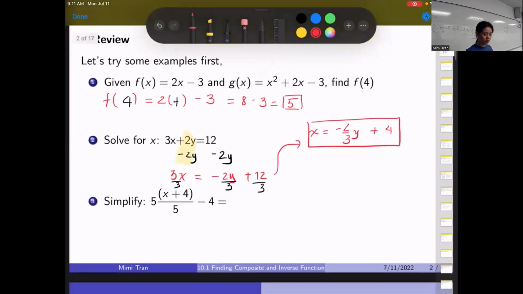Right. And the last one, I would suggest you simplify the f on the top and the f on the bottom, right? This one and this one, so that I have x. Oops, I have x plus 4 minus 4, which is x, right? Because the 4 and the minus 4 cancel, so just x.